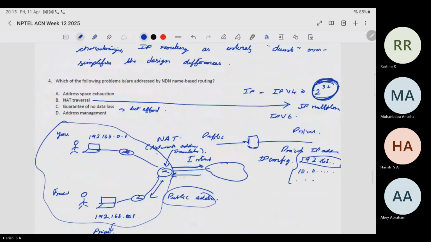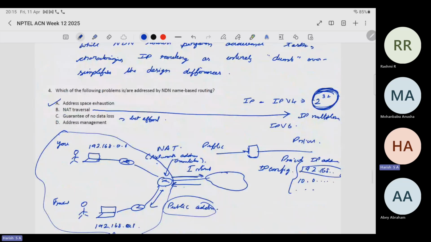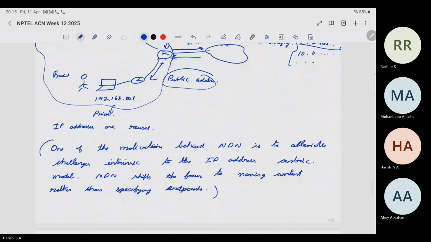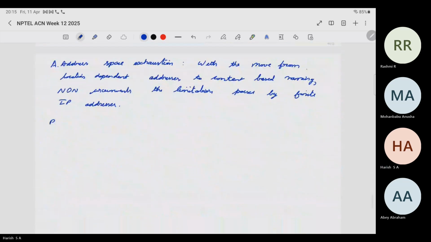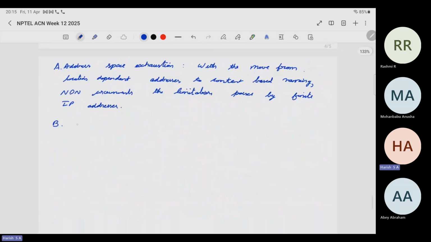So A is something that is addressed. Well, let's look at B, NAT traversal.